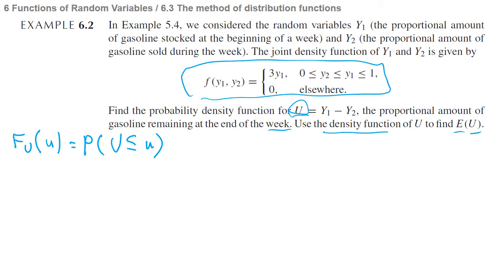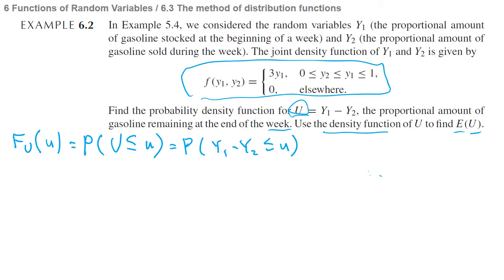Okay, so what's this? This is the probability that Y1 minus Y2 is less than or equal to u. And how can we calculate this probability? To calculate this probability, actually we know the joint distribution of Y1 and Y2.